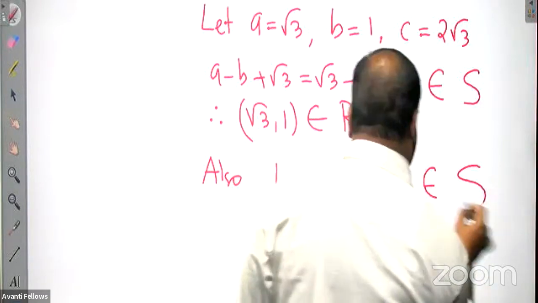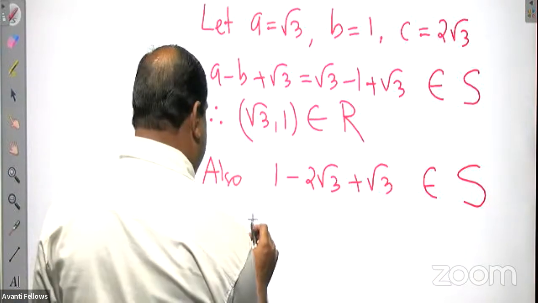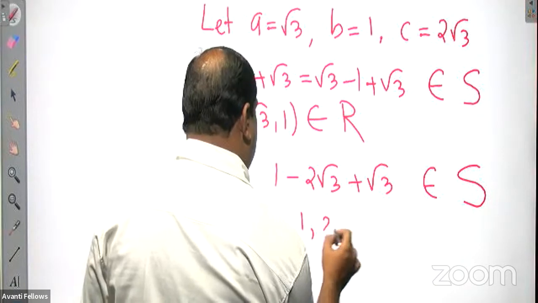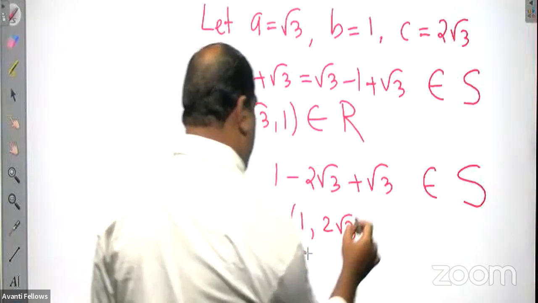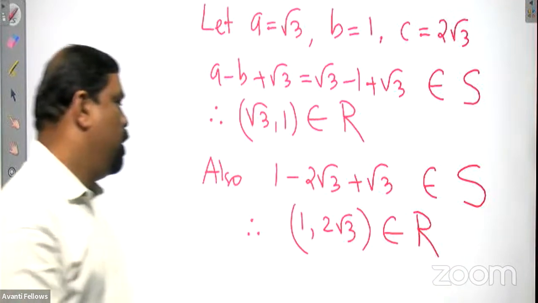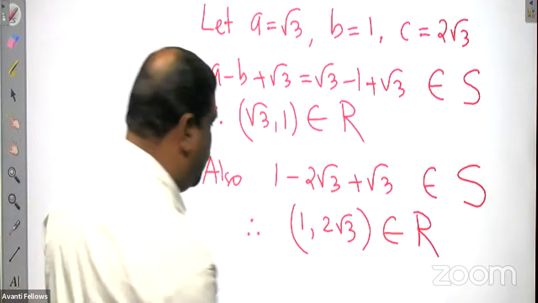That is also an irrational number. That means (1, 2 root 3) is in the relation.